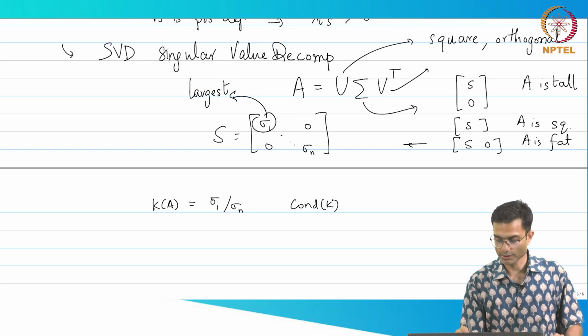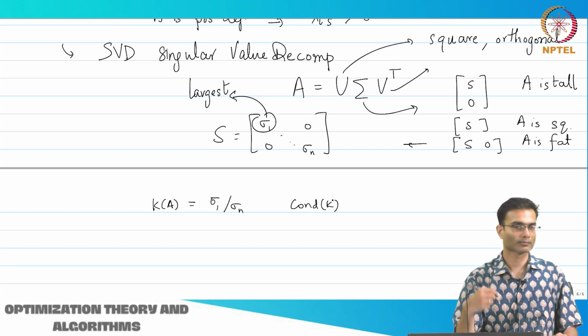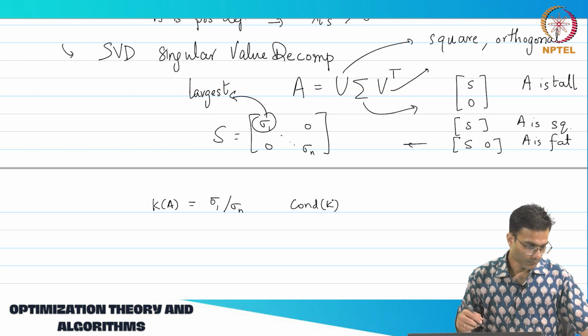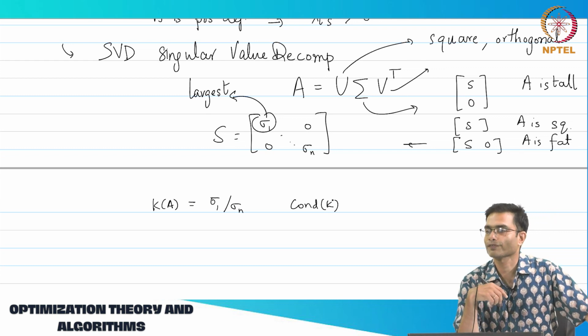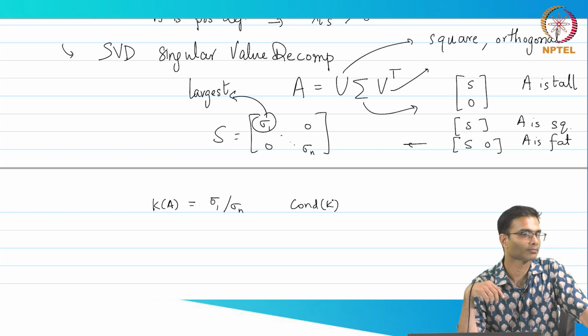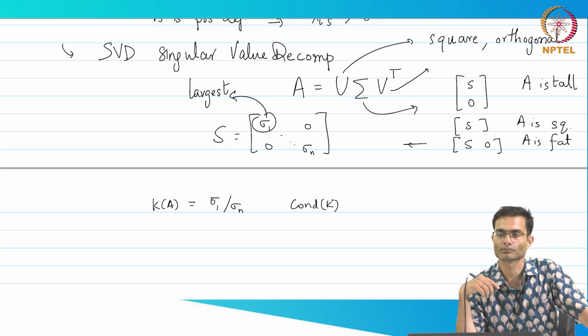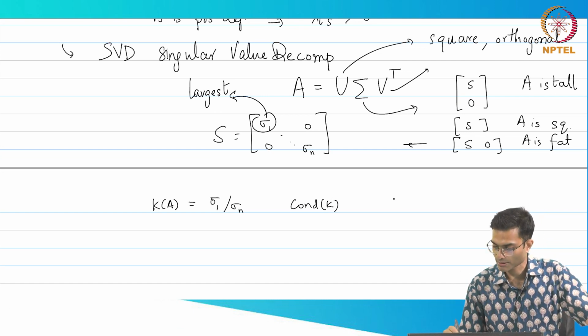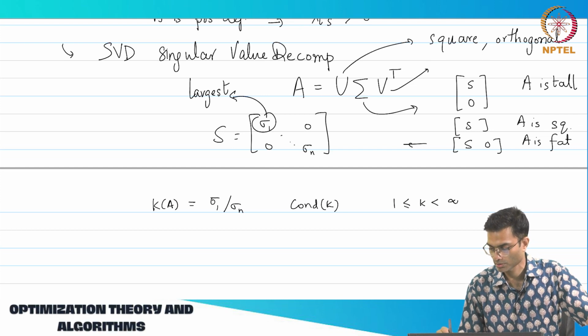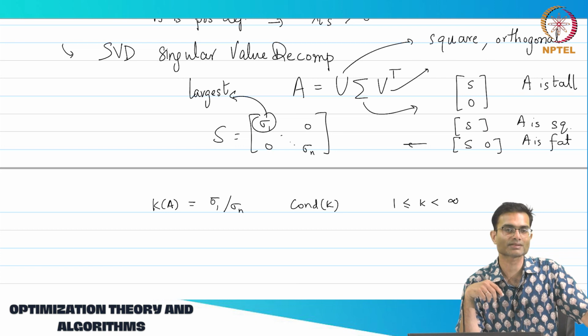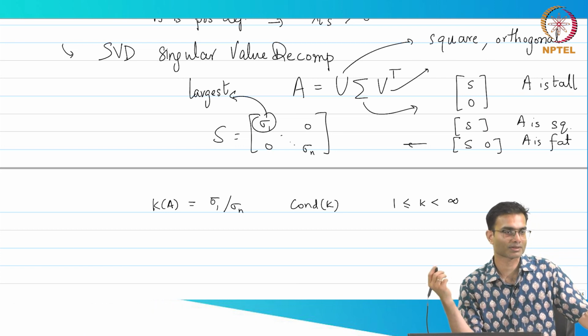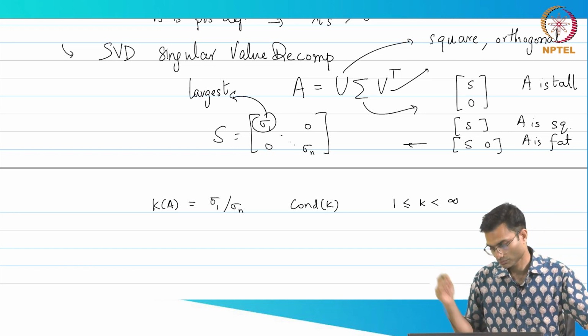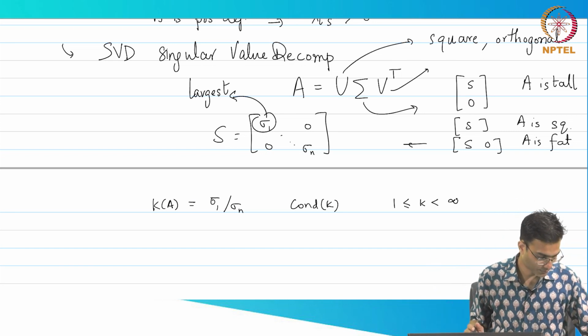You give it like this and it will tell you the condition number. What is the condition number of the identity matrix? 1, right? So the best you could do is a condition number of 1, and the worst is unbounded.